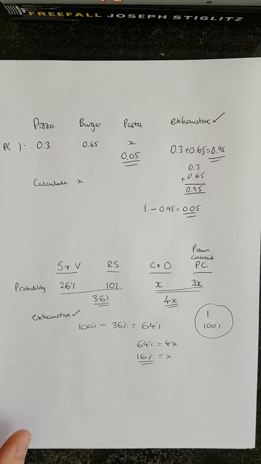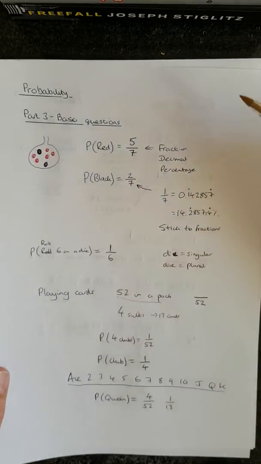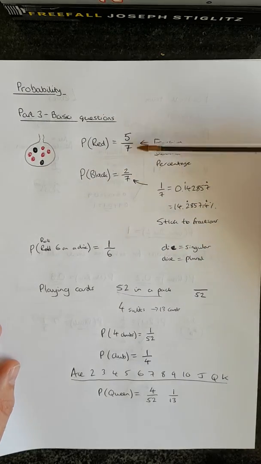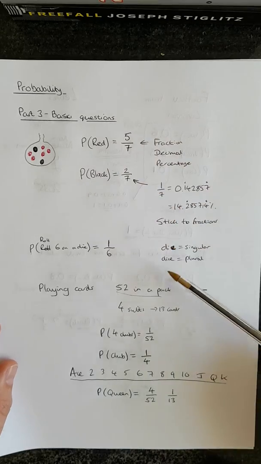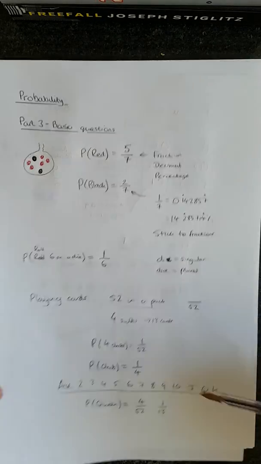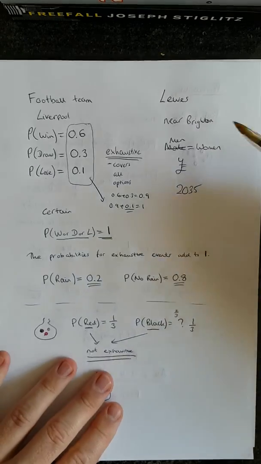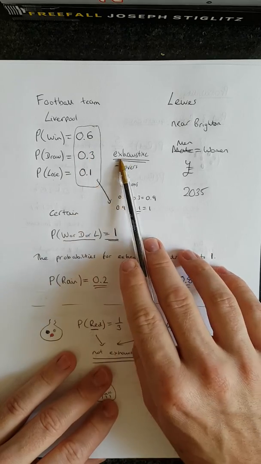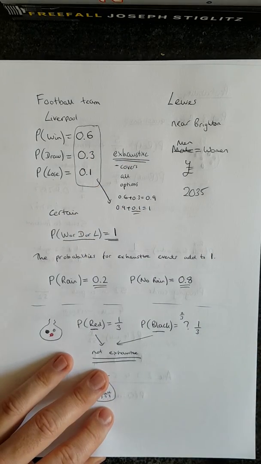So to recap what we've done here, we looked at basic examples of how to write the fractions, which are probably the safest way. We learnt a bit about playing cards because that's really useful. We then looked at how you work out a missing option if they are exhaustive.